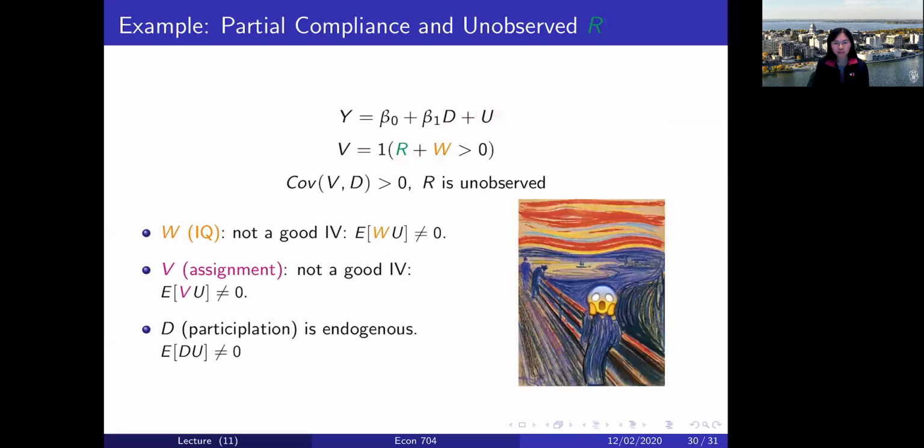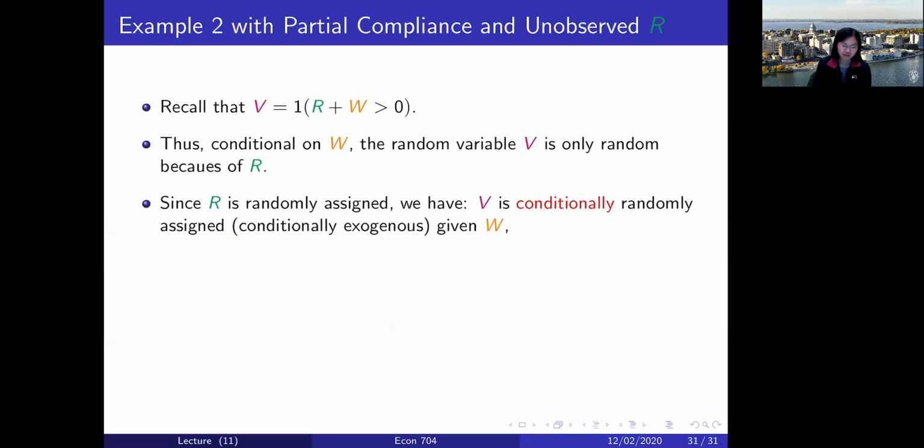Looks like we're doomed. However, we are not, because conditional on W, V is only variable because of R. Once you are given the value of W, V only varies with R, and the variation of R is completely exogenous because R is a computer-generated random number.